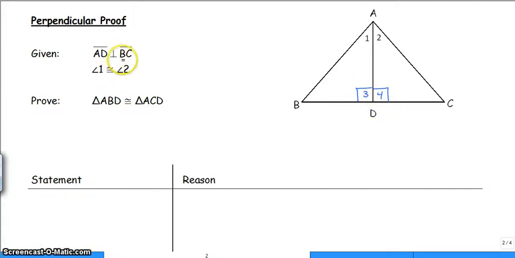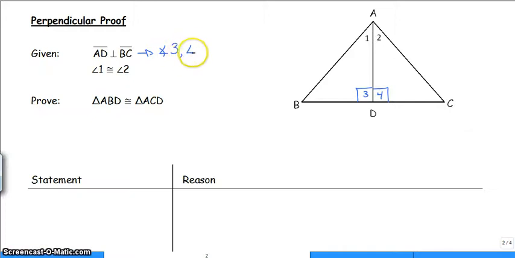If you recall, when we are dealing with perpendicular, this is the one time that we do not have the ability to go from perpendicular to congruent. Perpendicular in and of itself does not tell us congruent. Perpendicular tells us that angle 3 and 4 are right angles. So my next statement, when I come down to my statements, is not going to be that I have congruent angles.